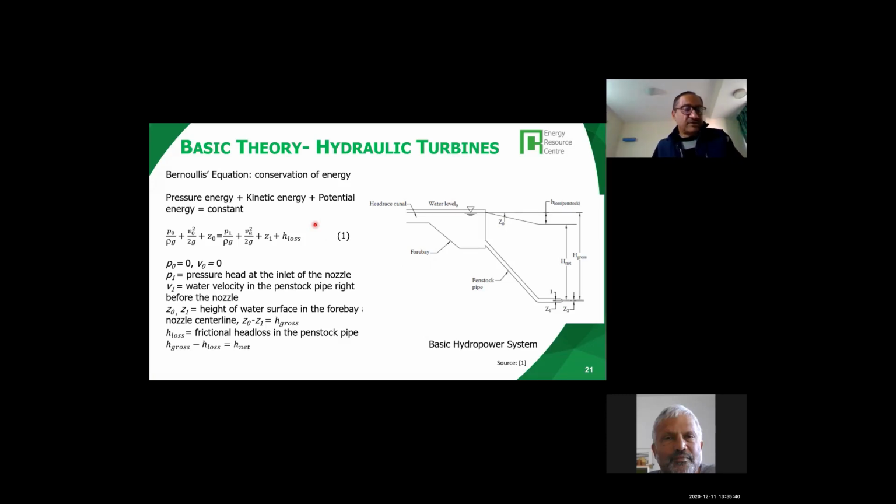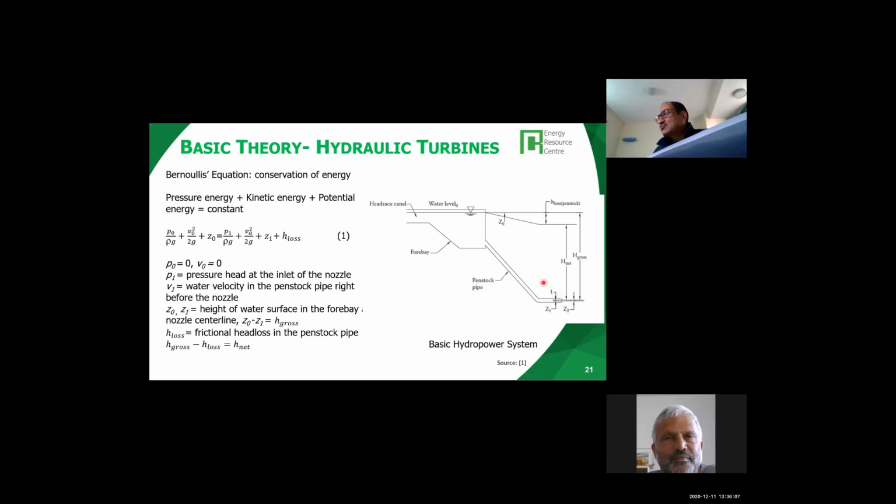I will repeat a little bit of the theory that I provided earlier. In the basic hydropower system, you have the canal, the forebay, the penstock, then the turbine. If it is a Pelton turbine, you have the penstock, then a nozzle.